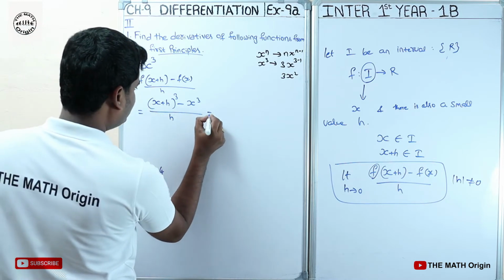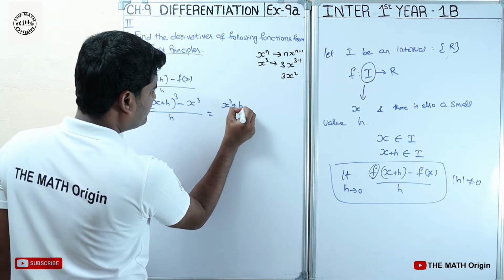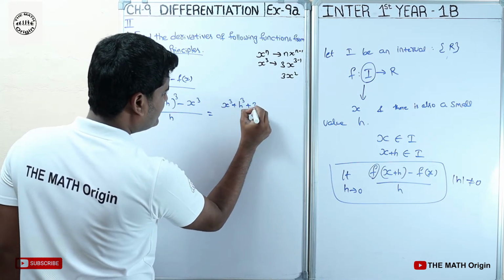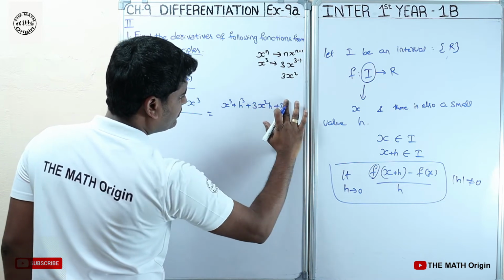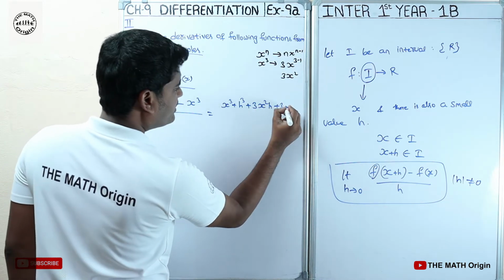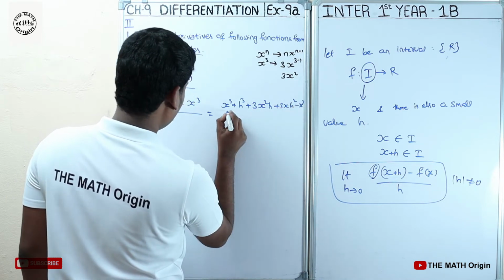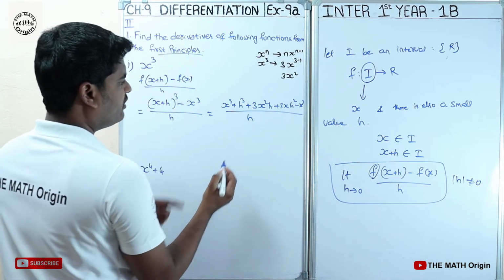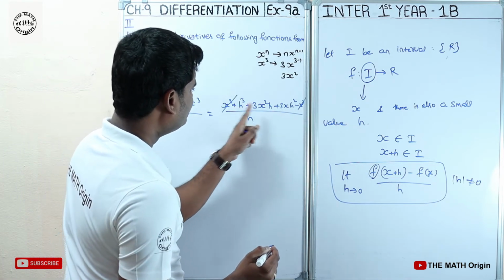Using a plus b whole cube, which is a cube plus b cube plus 3a square b plus 3a b square, minus x cube by h. Now if you see, x cube is cancelled.